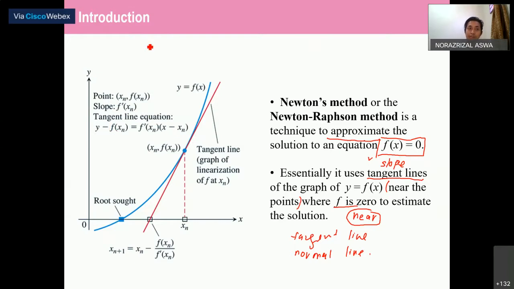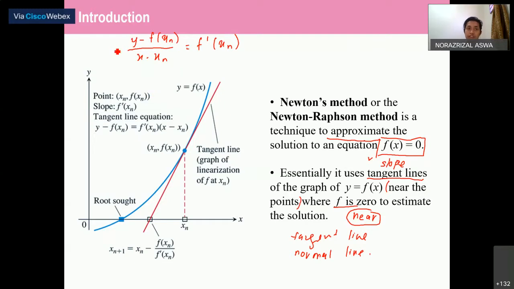So if you still remember, y minus f(xn), because we have the value for f(xn), over x minus xn equals f prime of xn. So you still remember we have this kind of formula, which can also be translated into mx plus c and so on.